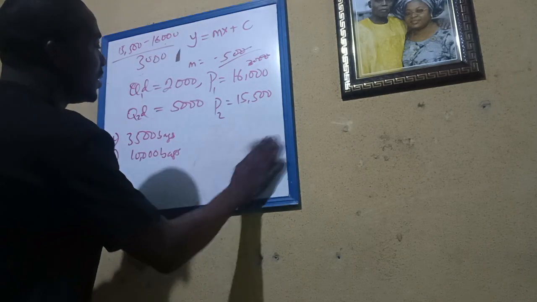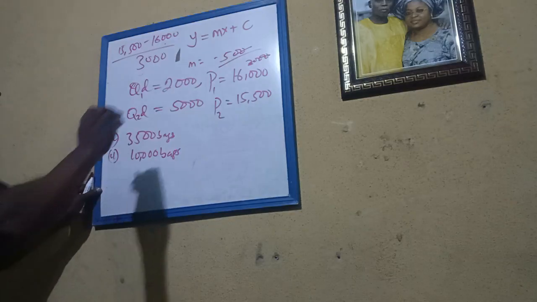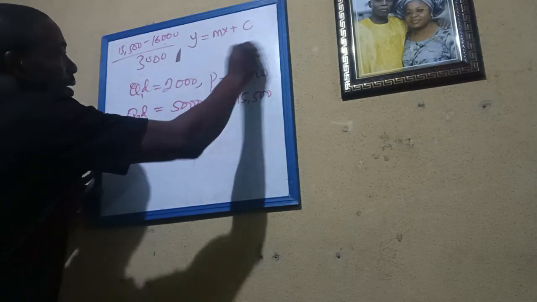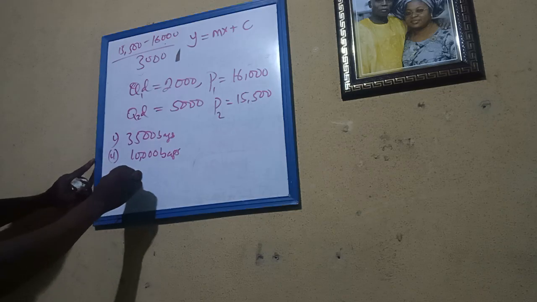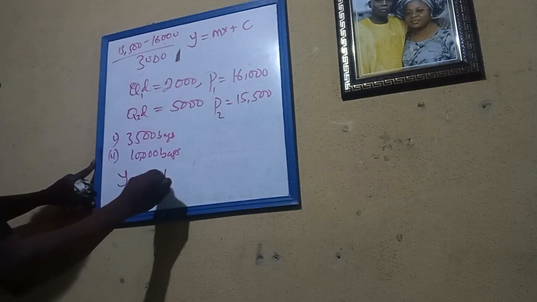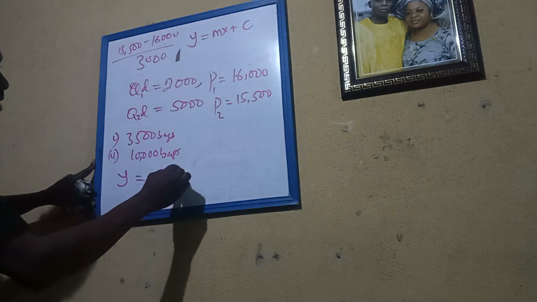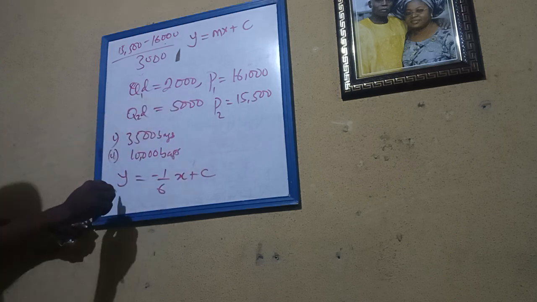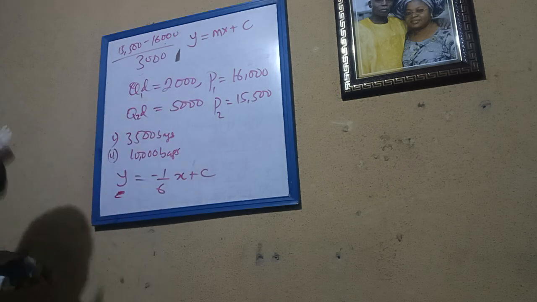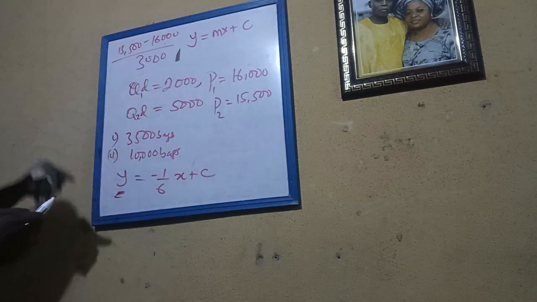So let's quickly have an equation modeled for that. I can go on and say y is equal to minus 1 over 6 x plus c. Now, how do I get my c? I put y to be 16,000 and x to be 2,000.